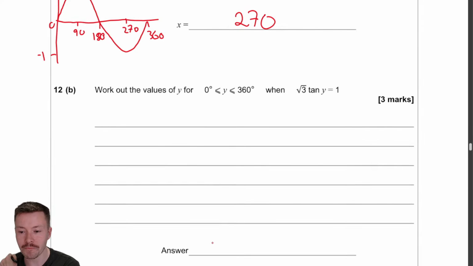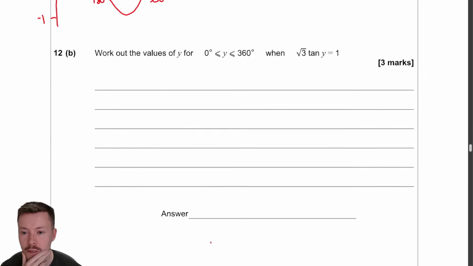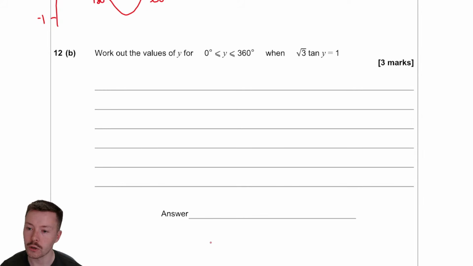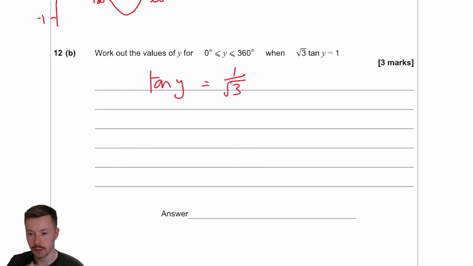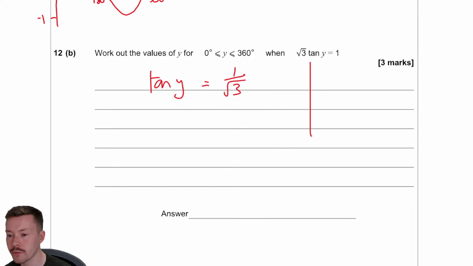Right, next one. The values of y for which this is true. So tan y is equal to, well, we're going to rearrange it, tan y is equal to 1 over root 3. Now, knowing your graphs, you can whittle this down to certain intervals, but you do need to know your exact trig values. So this is my tan graph, goes up like this, goes up like that.